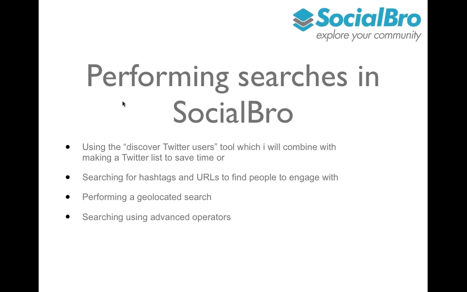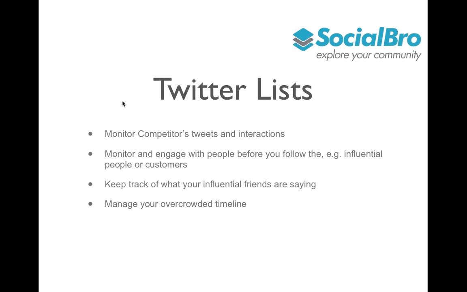We also have a geolocated search, which enables you to find people nearby tweeting about a specific topic, really useful for targeting, especially if you're a local business. I'm also going to quickly go over using advanced operators, but there's going to be a second workshop covering this specifically in May. So, firstly, I'll talk about Twitter lists and how to create your own Twitter list.